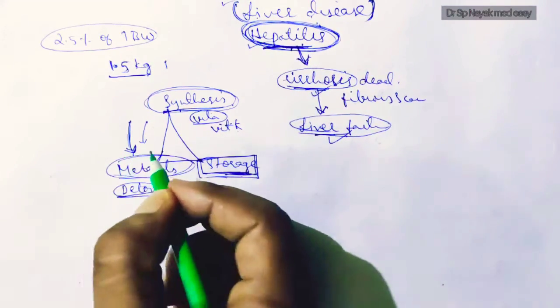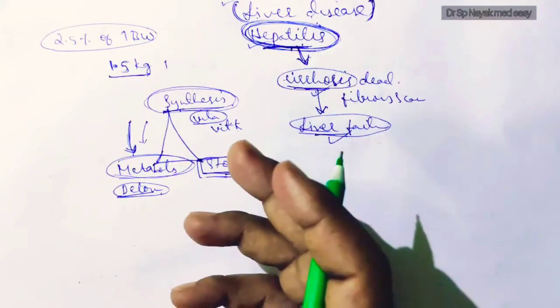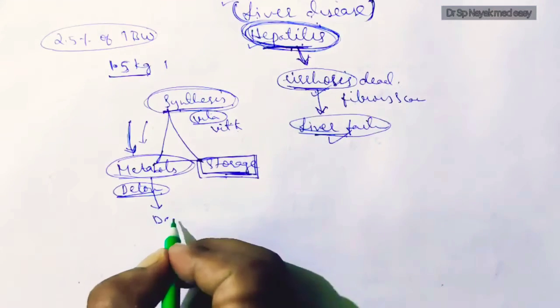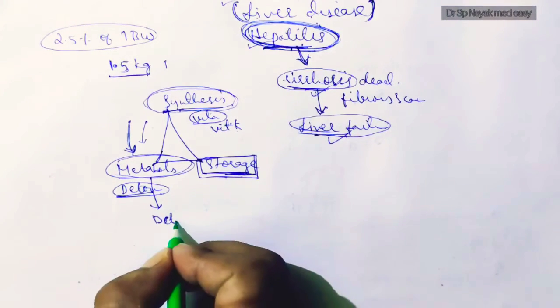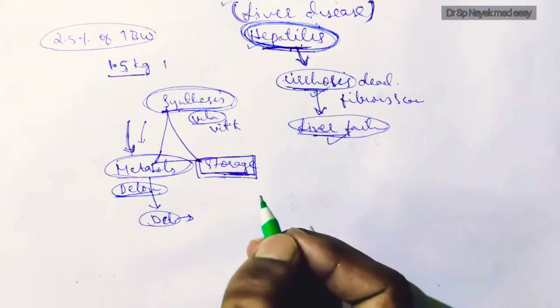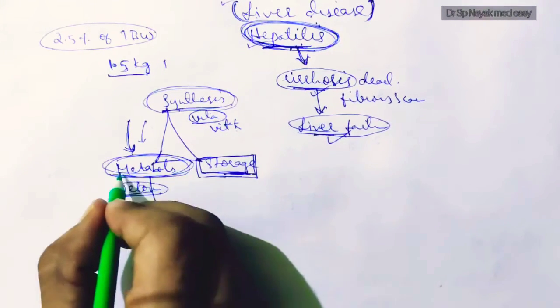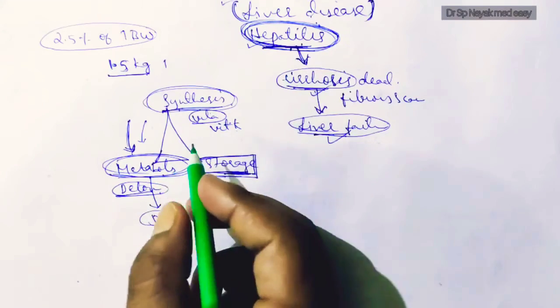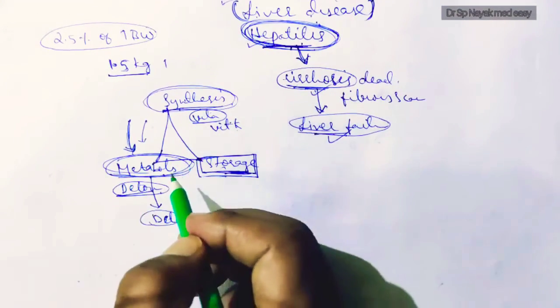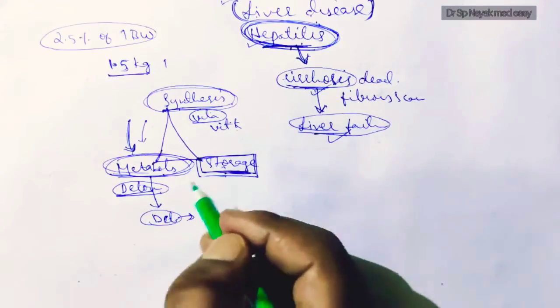They enter the liver, undergo first pass, second pass, and third pass, and are metabolized or detoxified, and finally the detoxified elements are excreted through urine. So metabolic function is a very important function of the hepatic tissues. These are 3 different functions, and the liver also has many other functions.